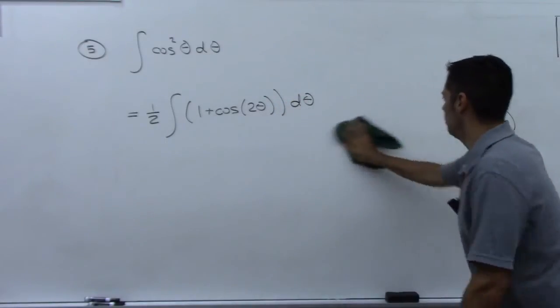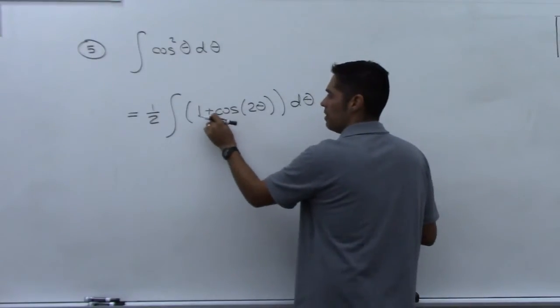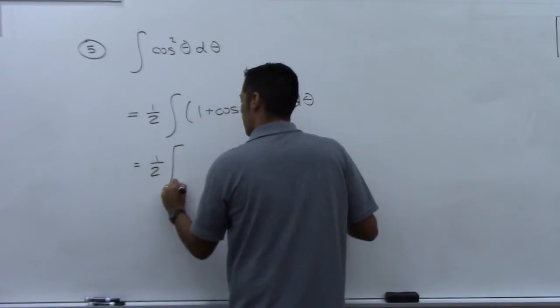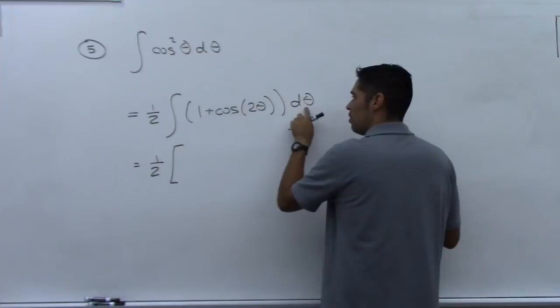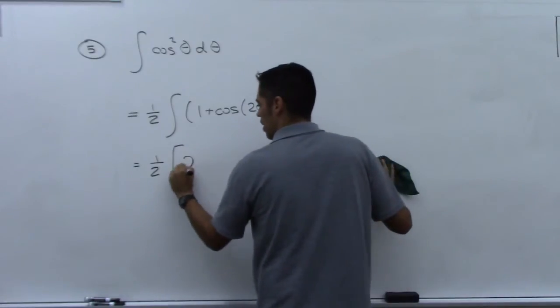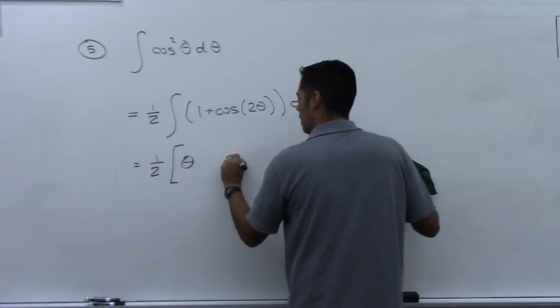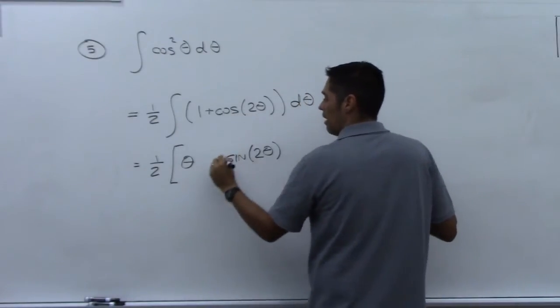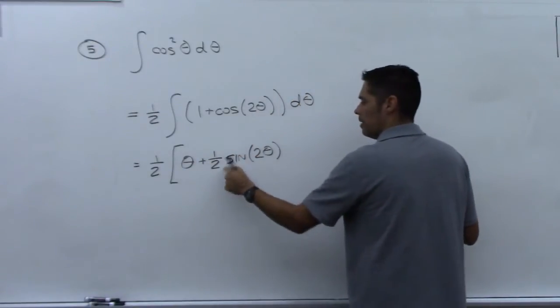And this integral, super clean. I can do the antiderivative of each one because I have addition, so it's 1/2, here's my antiderivative. Antiderivative of 1 with respect to theta is just theta. The antiderivative of cosine we know is sine, but because that's a linear expression inside, I have to scale by 1/a.